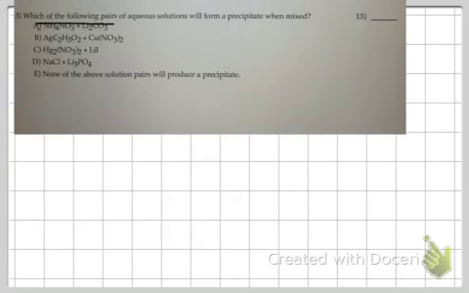Okay, acetates and nitrates are all soluble. It's not that one. Okay, there actually is an exception for Hg2I2. So this one is going to form one. Sodium, so alkali salts, that's not going to be that. So answer C. C is going to form a mercury iodine precipitate.